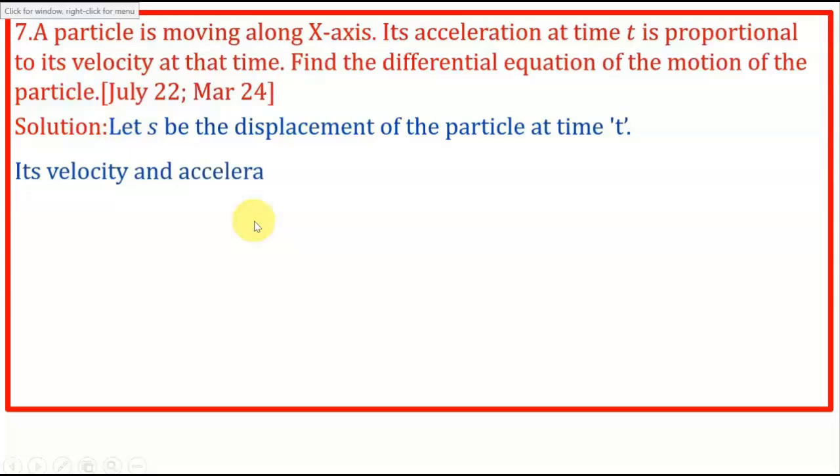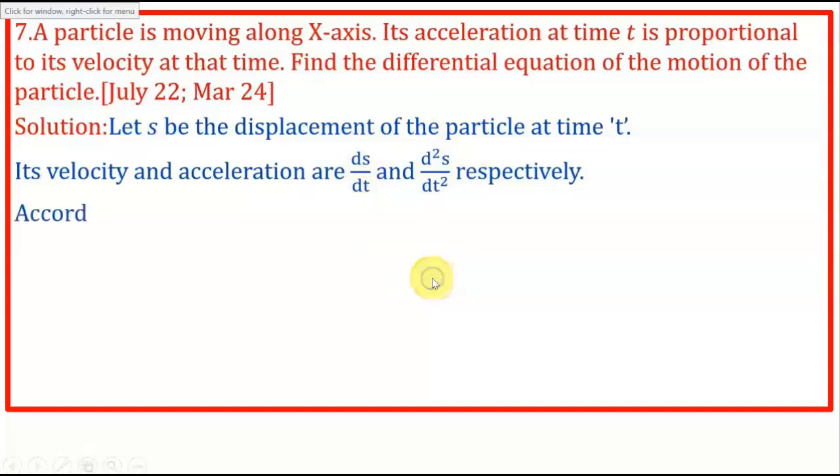Its velocity and acceleration are as follows: the derivative of displacement with respect to time, ds by dt, is the velocity. And again, the derivative of velocity means d2s by dt square, which is nothing but acceleration. So ds upon dt is velocity and d2s by dt square is acceleration.